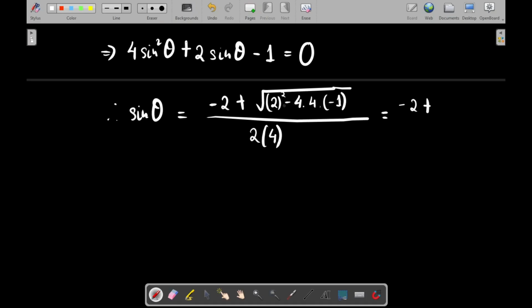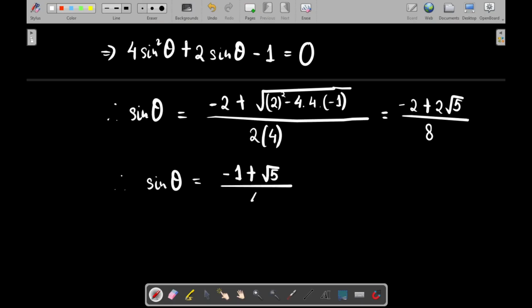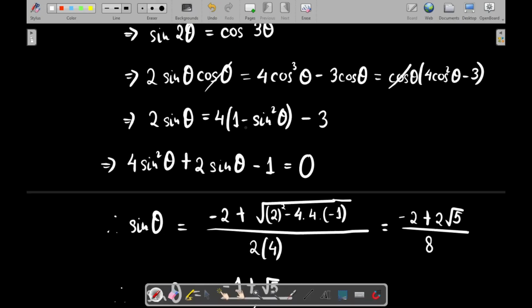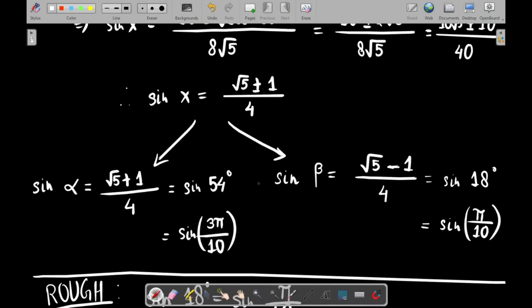Plus 16 plus 4 is root 20, so this becomes 2 root 5 upon 8. So sin theta is equal to minus 1 plus root 5 upon 4, on dividing by 2.